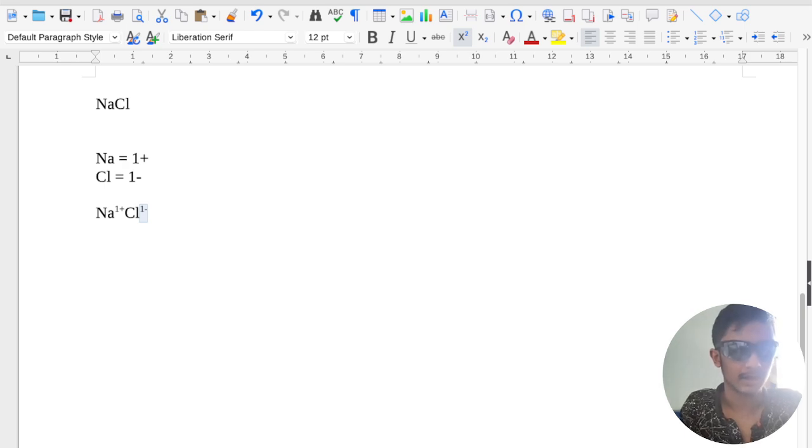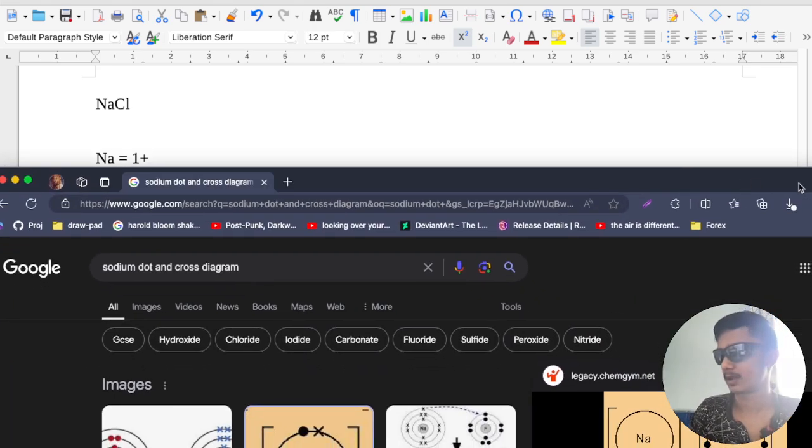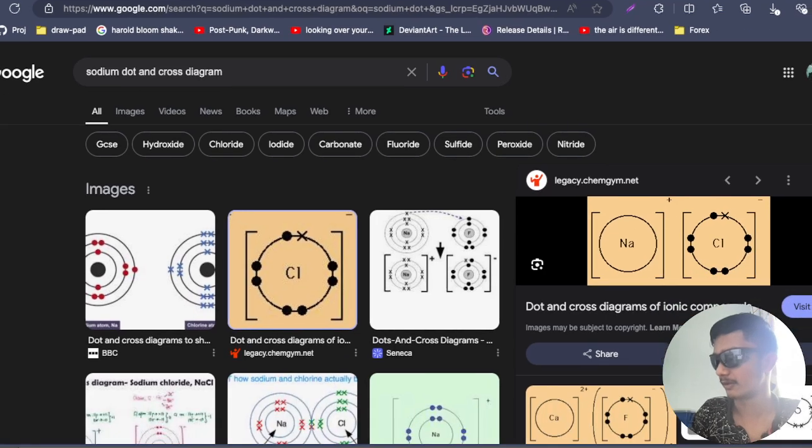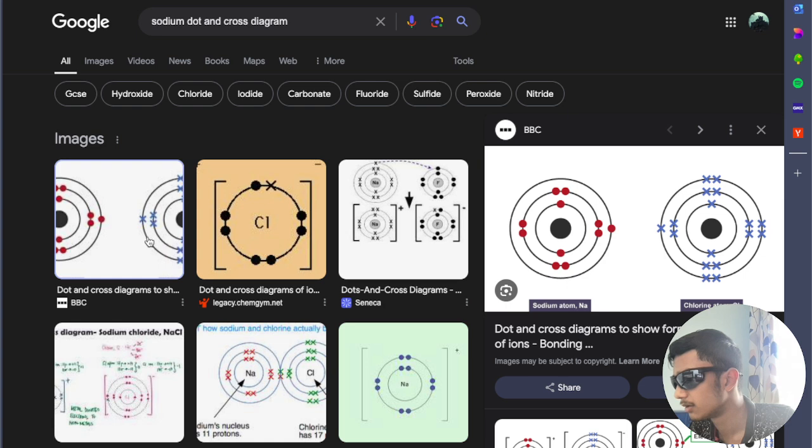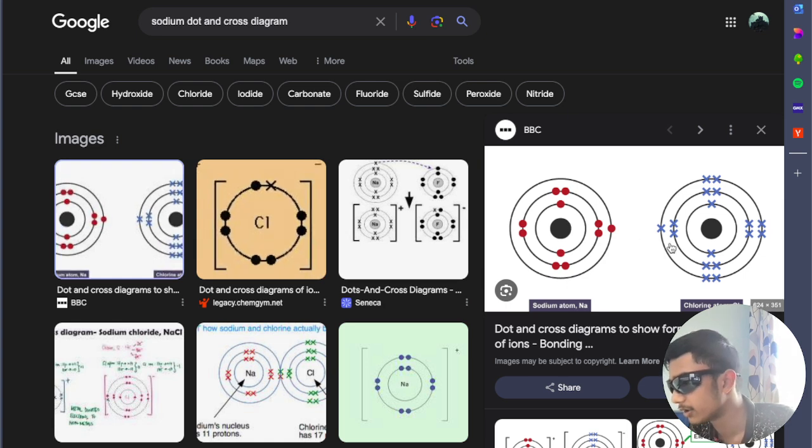Okay, cool, we can see that. So this is sodium, this is our chloride.